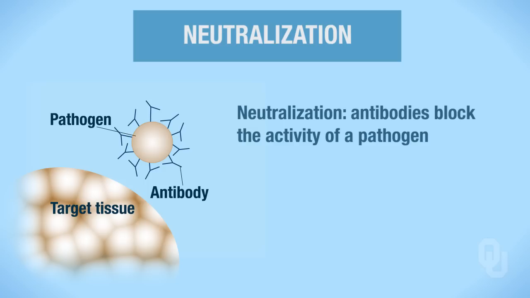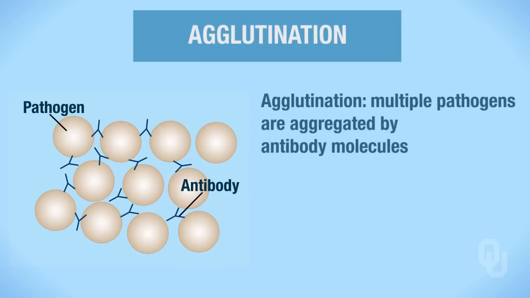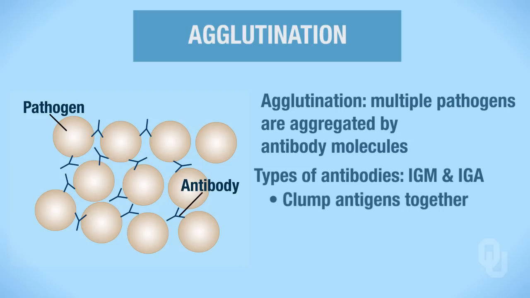Now there's also agglutination, and this is something that you should already be somewhat familiar with when it comes to blood, when we talked about blood antibodies and blood antigens. In this case, we're going to be dealing with two different types of antibodies: IgM and IgA. These are two different immunoglobulins, and what they do is literally clump the antigens together.